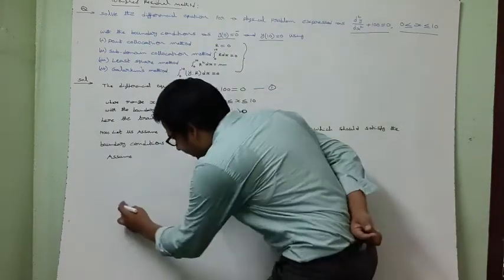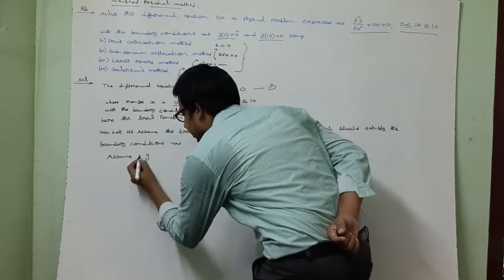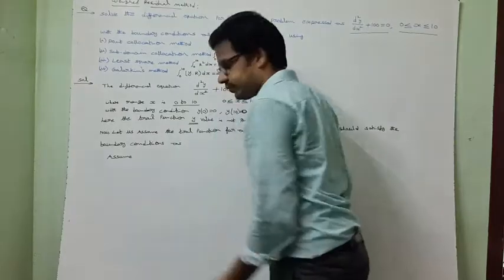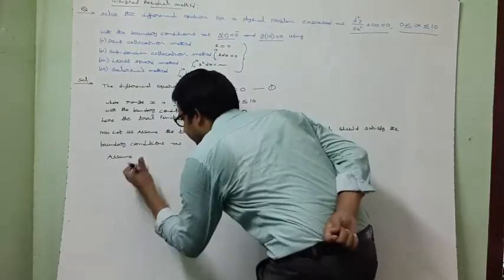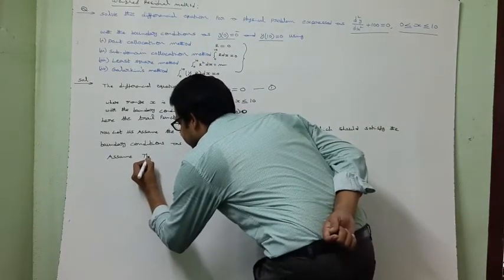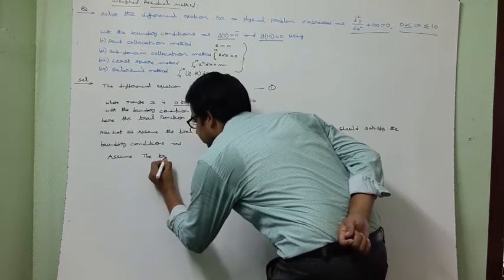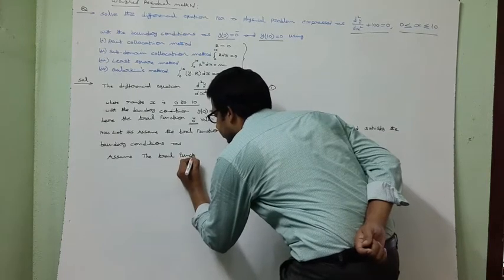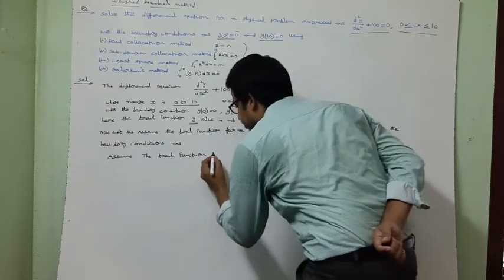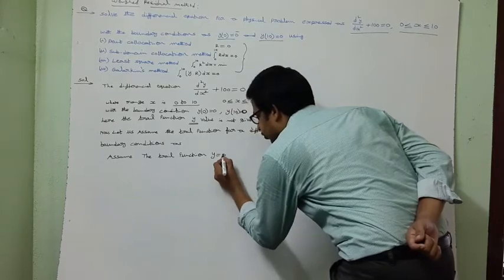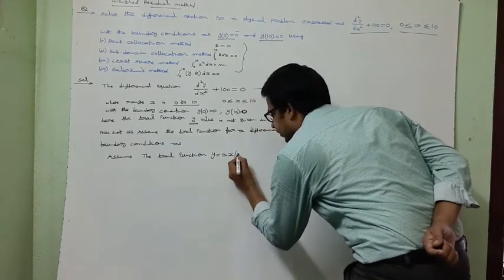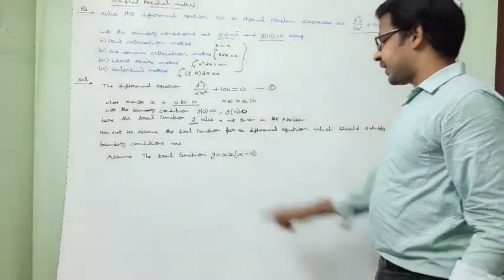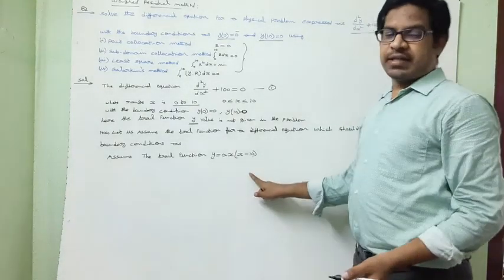So assume the trial function y equal to ax(x minus 10).